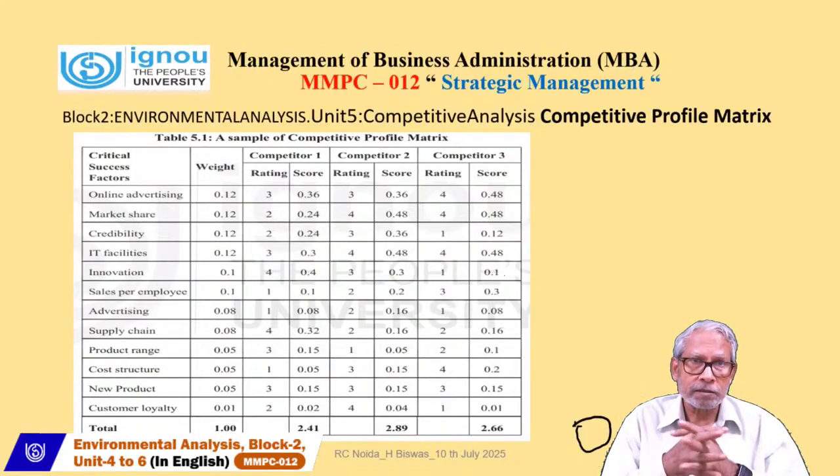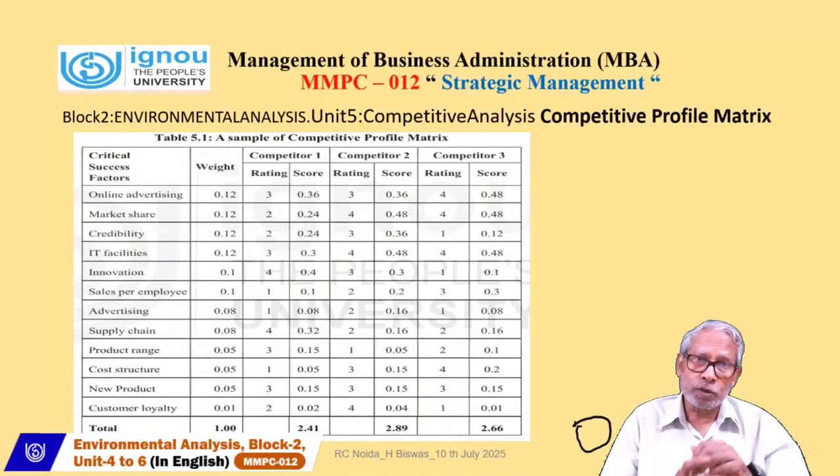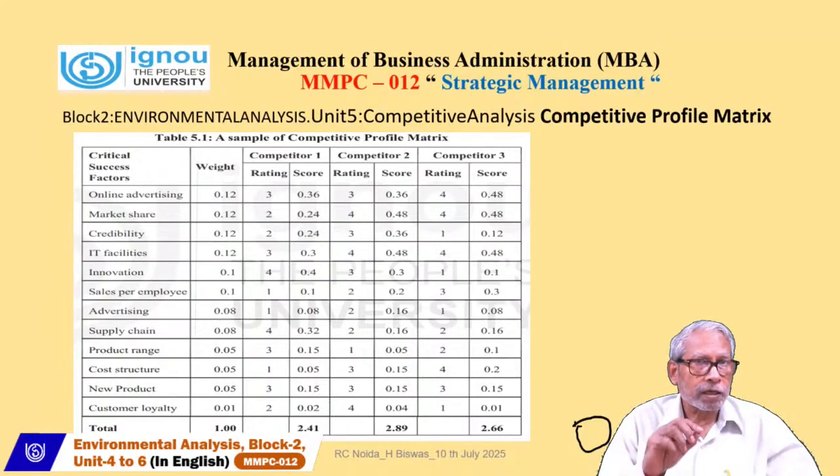You can see competitor 1 is good in some things, lacking in some areas. Competitor 2 is superior in some areas and lacking in others. So you have to analyze it and note down the things. Finally, you have to make your alternatives, the triggering points to enter the market.